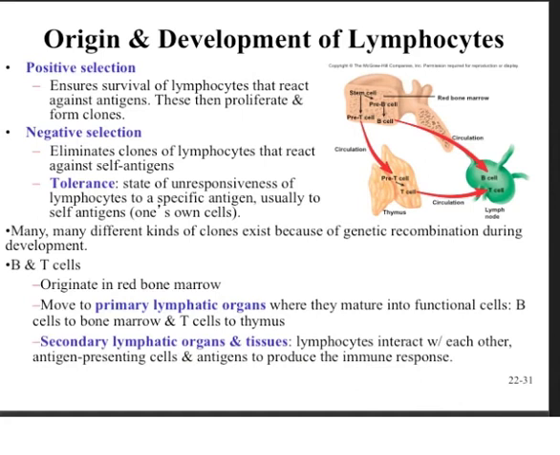Secondary lymphatic organs and tissues are where the lymphocytes are going to interact with each other and antigen presenting cells and antigens in order to generate the immune response. We have diffuse lymphatic tissue, lymphatic nodules, tonsils, lymph nodes, and spleen that all represent secondary lymphatic organs.